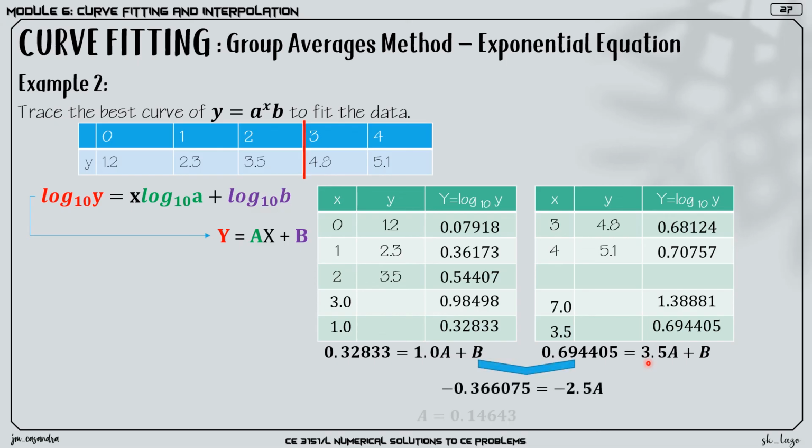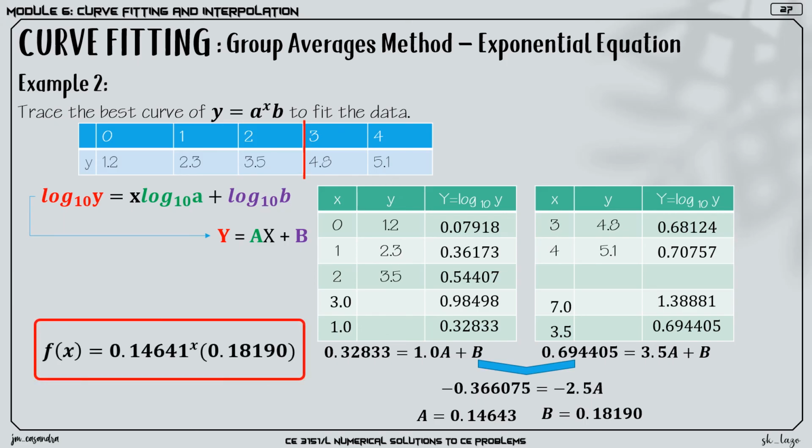We arrive at a value of a equal to 0.14643. Substituting a in either of the two equations, we get a value of b equal to 0.1819.